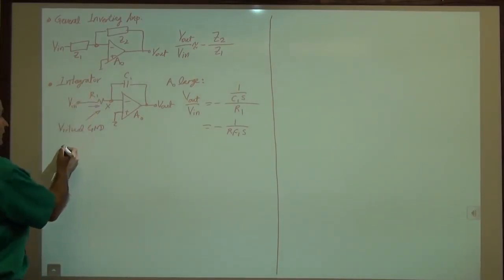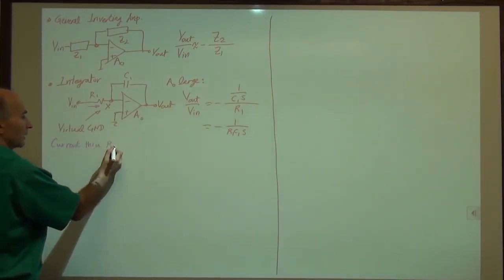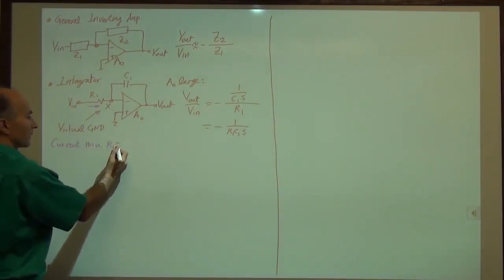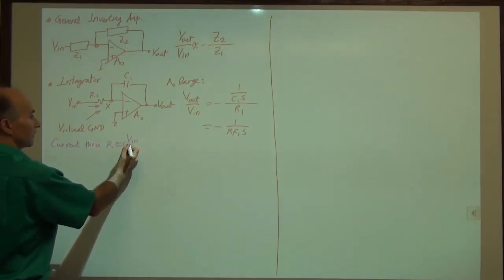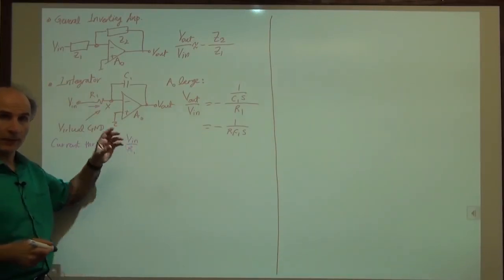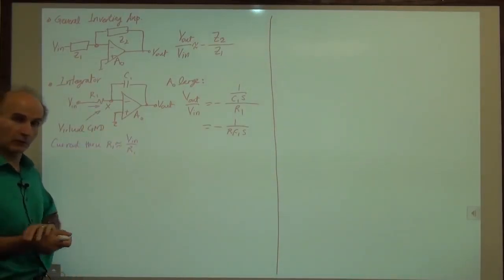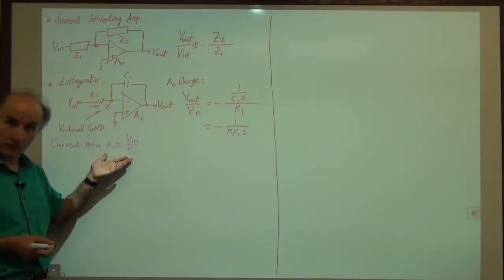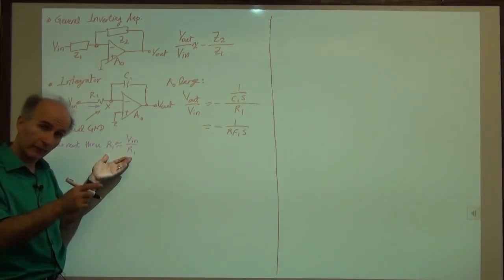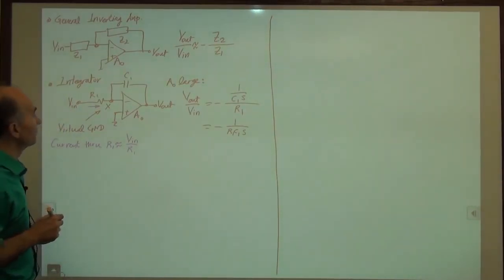So we can say that the current through R1 is approximately equal to V in over R1. In reality, it's V in minus Vx over R1, but because of the virtual ground property, we can say it's approximately equal to V in over R1. This, of course, also was true in the inverting amplifier that we studied last time. It's the same thing.